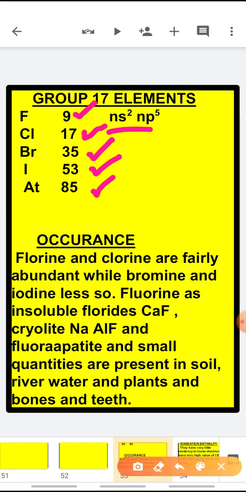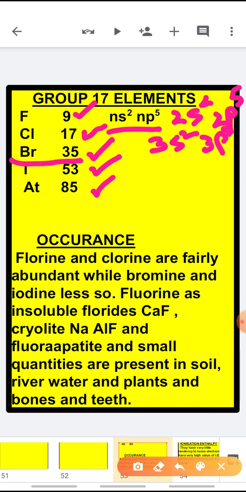The general electronic configuration for these elements is ns2np5. For fluorine it is 1s2, 2s2, 2p5. For chlorine the outermost shell configuration is 3s2, 3p5. From bromine onwards there is an interference of d orbital also.